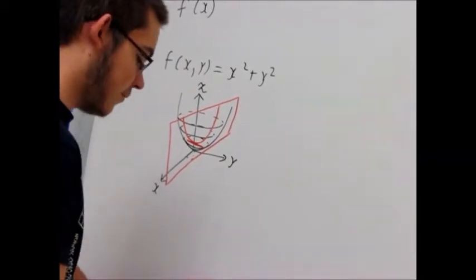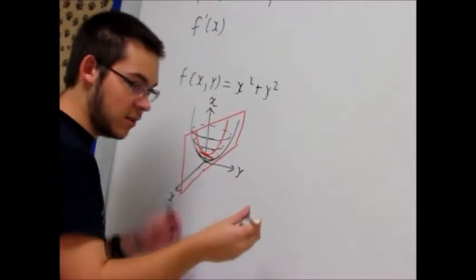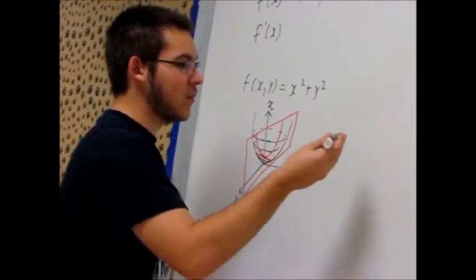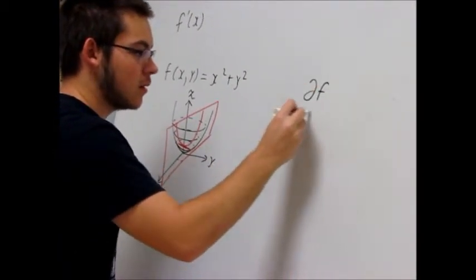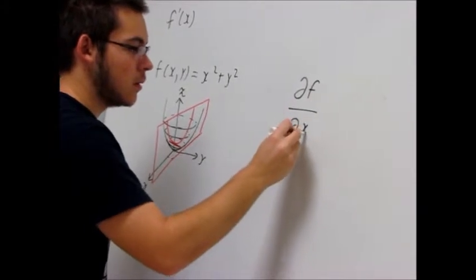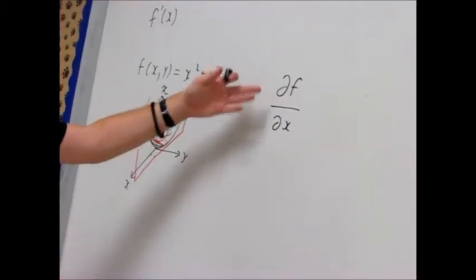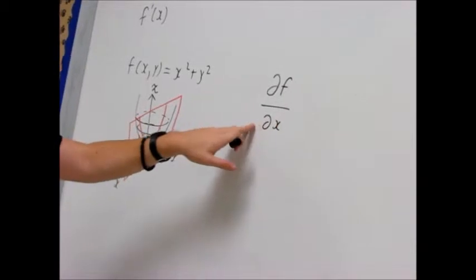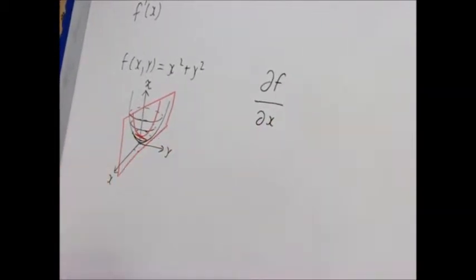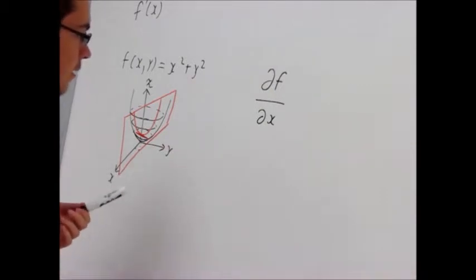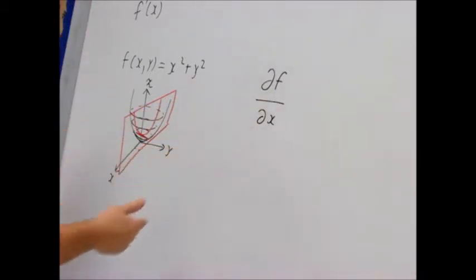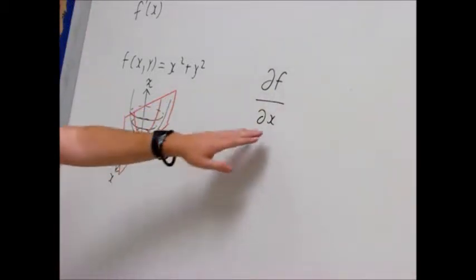So the partial derivative of a function can be denoted in a couple of ways. One way is similar to the Leibniz notation, with a df and then divided by dx, but the d is curly in this situation. It's a partial differential. So this shows that it's a partial derivative with respect to x.